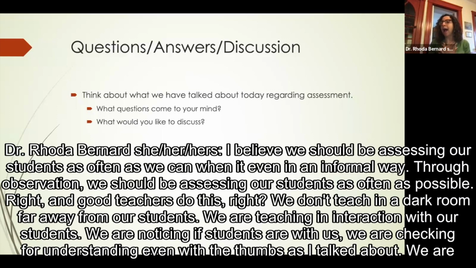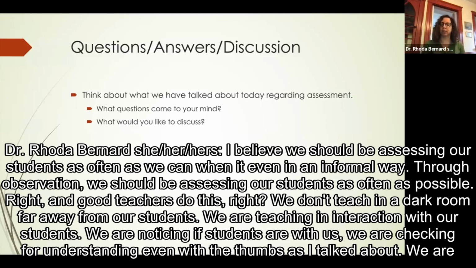Really, I believe we should be assessing our students as often as we can, even in an informal way. Through observation, we should be assessing our students as often as possible, right? And good teachers do this, right? We don't teach in a dark room far away from our students. We are teaching in interaction with our students. We are noticing if students are with us.